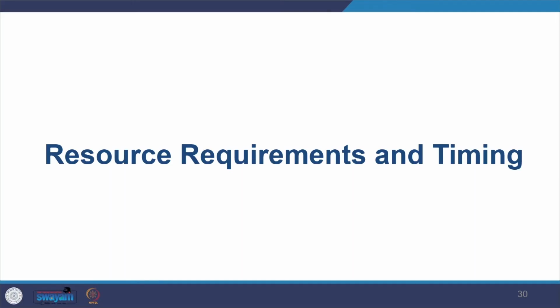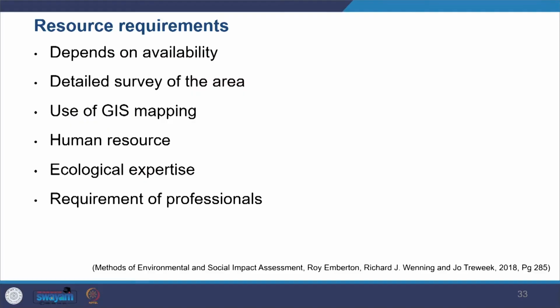Further, looking into resource requirements and timing. There will be a lot of variation in terms of what kind of resources and time are needed for EIA, and it all depends on what kind of information is already available for your study area. If no data is available, then you might have to undertake a lot of primary study.